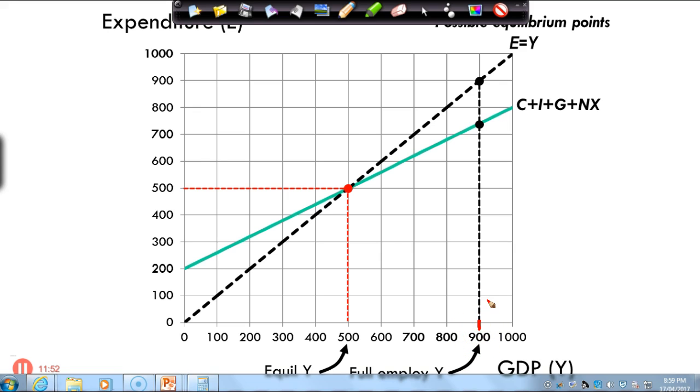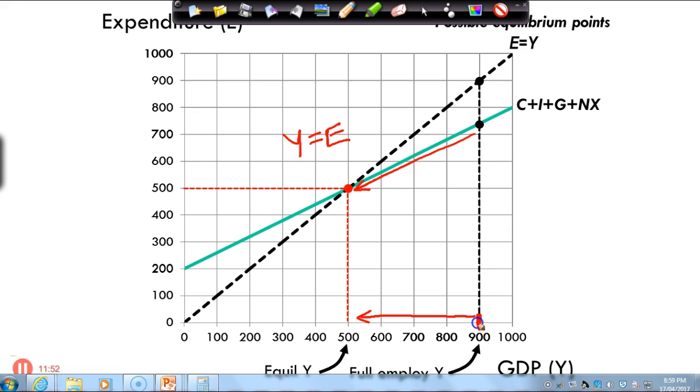And there will be, as just discussed a little while ago, a tendency for firms to decrease production. As a result, expenditure will fall until we reach the actual equilibrium point, where income equals expenditure. But in the meantime, it will have generated unemployment.